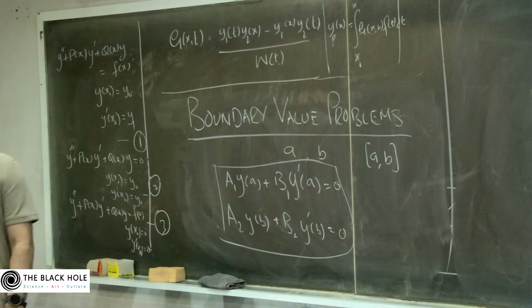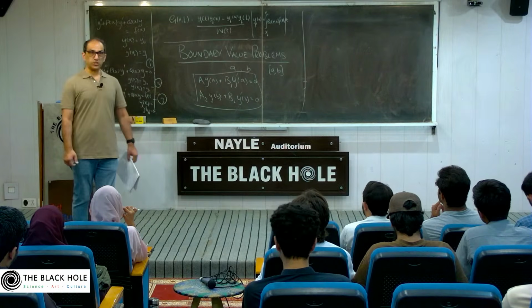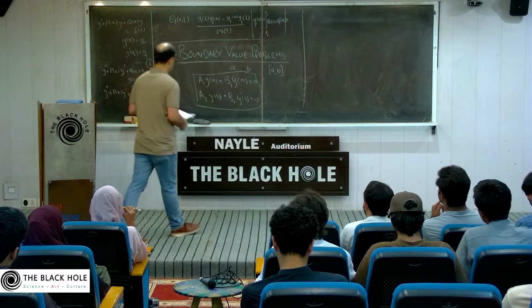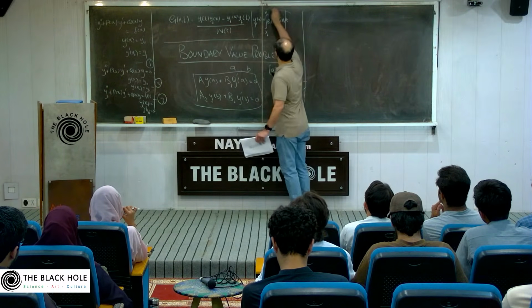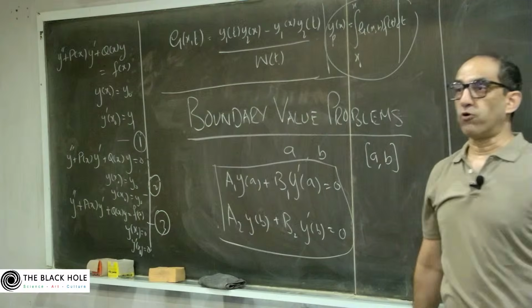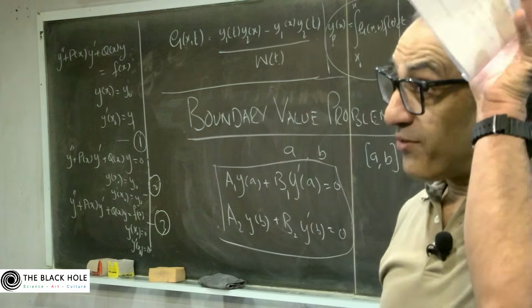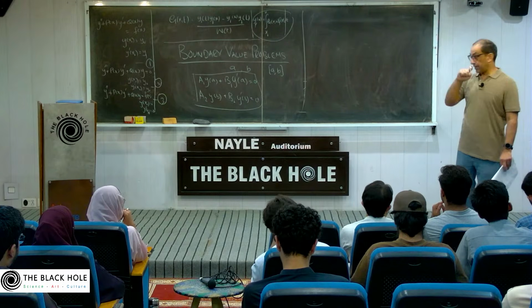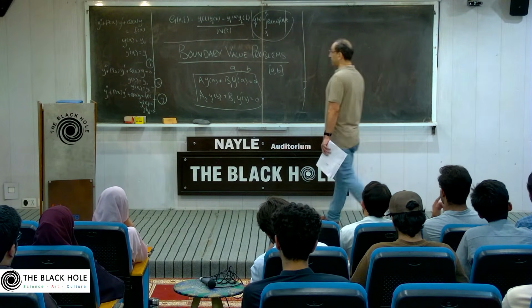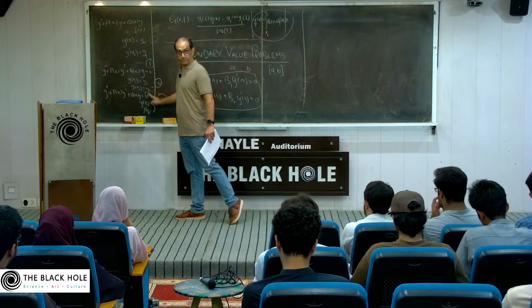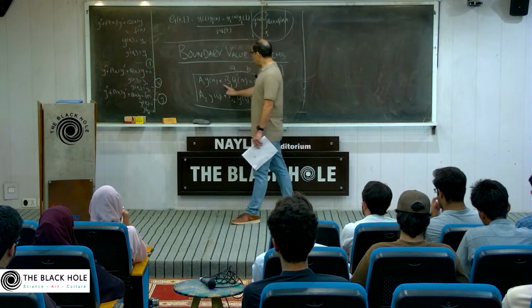Now what is the goal here? The goal here is again to find a particular solution, the kind of solution that we wrote down for the initial value problem, but over there we had just one point, and now my conditions are not these. My conditions are these.